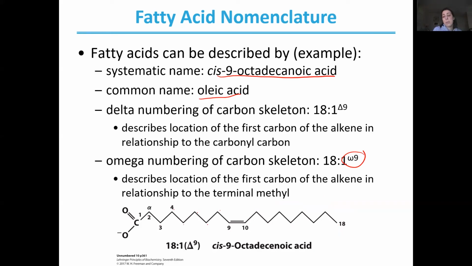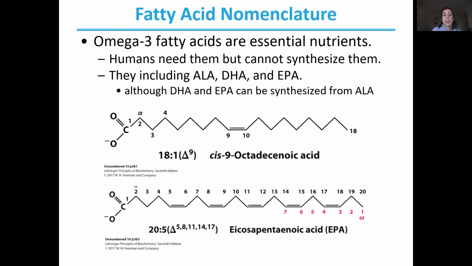The reason I tell you about both of them is because the name for omega-3 fatty acids comes from the omega numbering. So omega-3 fatty acids are essential nutrients. They're a type of lipid that are essential to us as humans, but we do not make them, so we have to consume them. They contain a couple omega acids like ALA, DHA, and EPA.